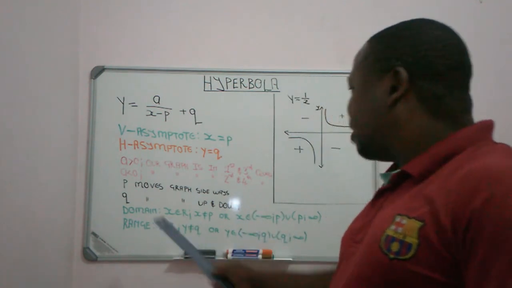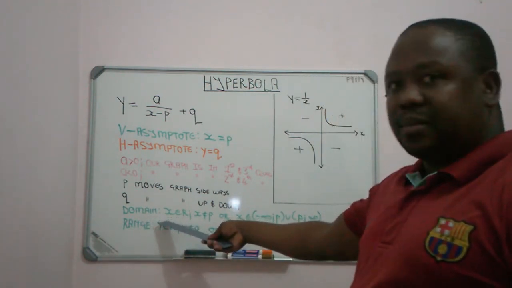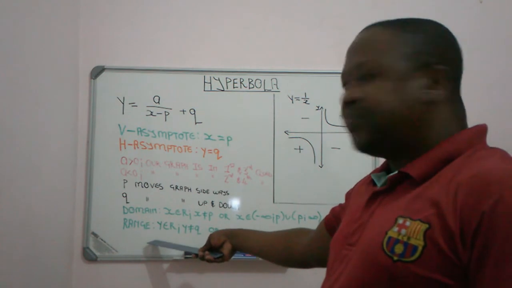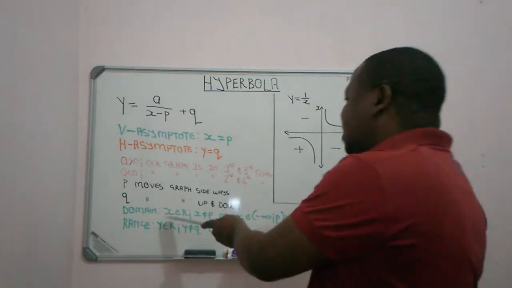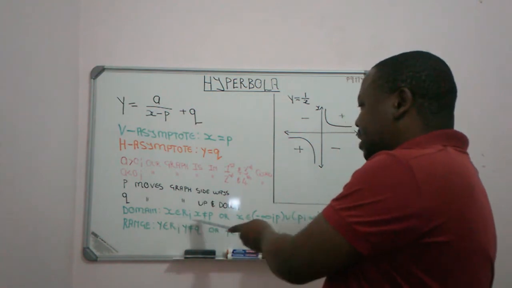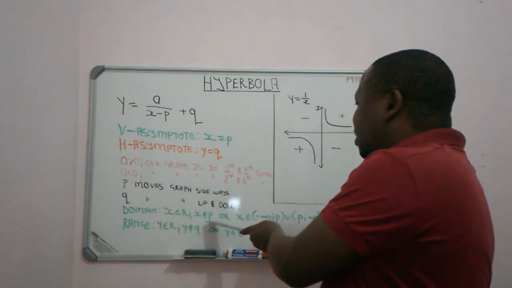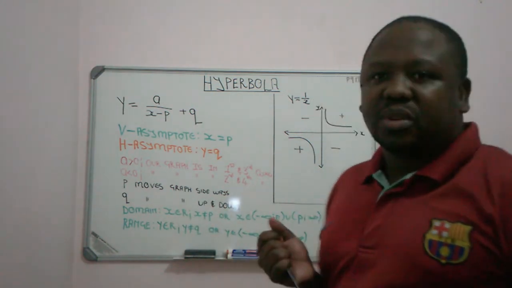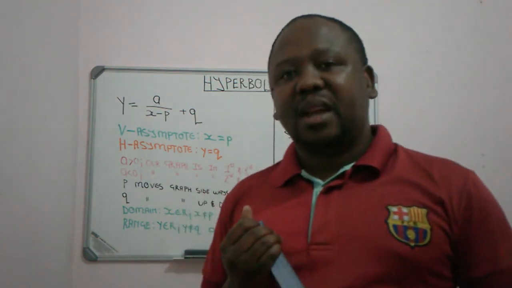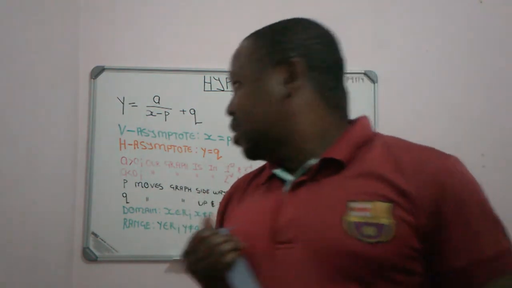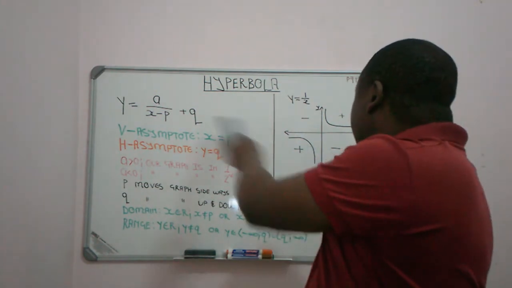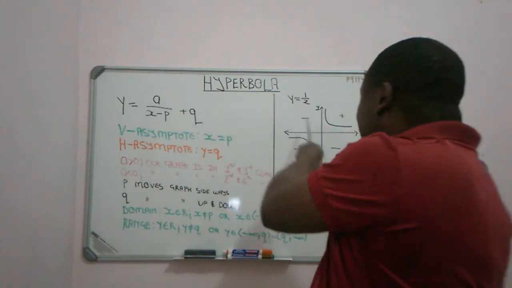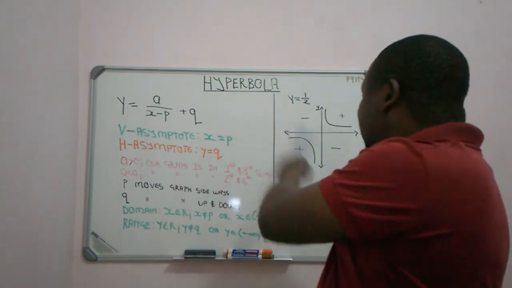And we also have our domain and our range. In case of our hyperbola, we say x is an element of real number and x is not equal to p. Why are we saying x is not equal to p and x is an element of real number? Because our x goes all the way to infinity, both sides.